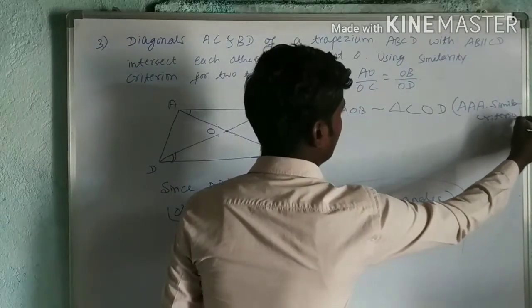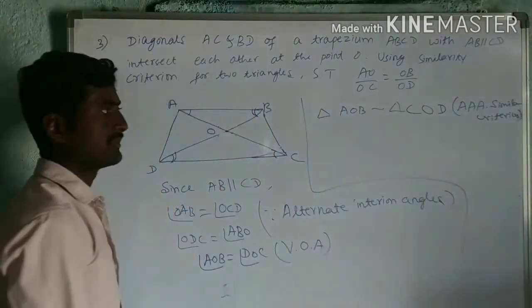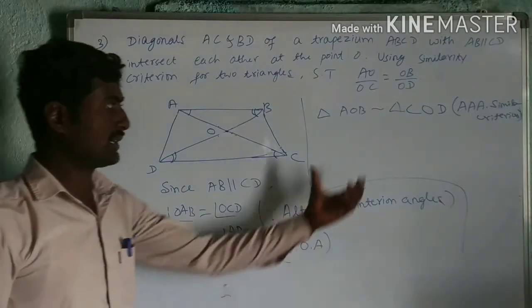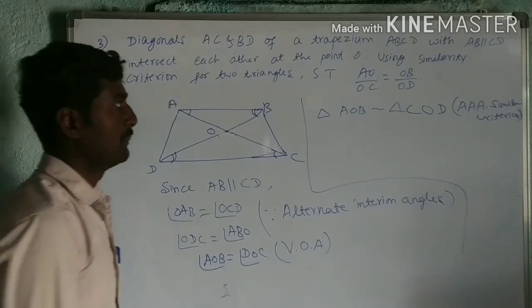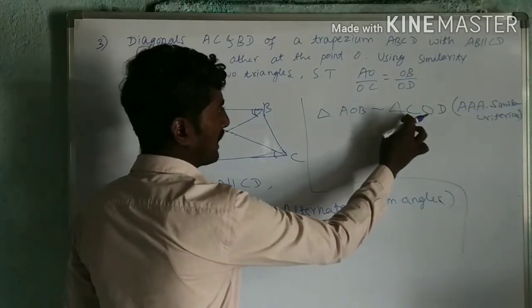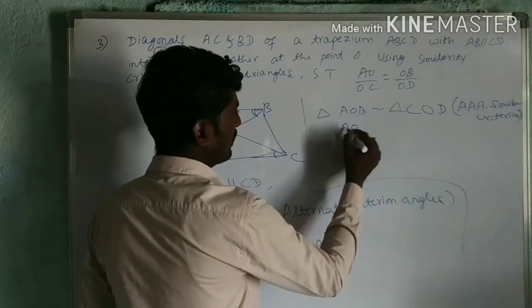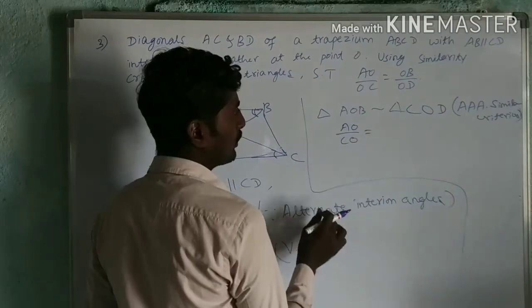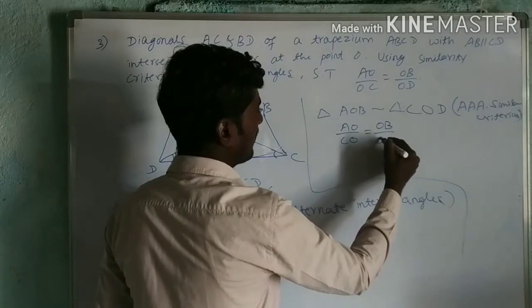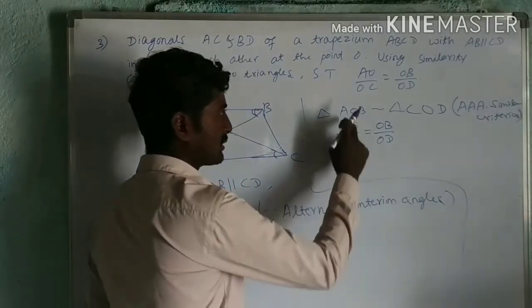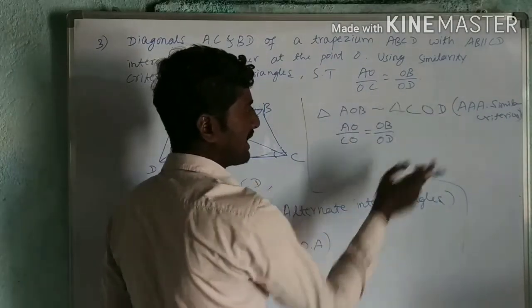By AA similarity criterion, if two triangles are similar, then their corresponding sides are in the same ratio. Means AO divided by CO is equal to OB divided by OD, and also AB divided by CD I can write.